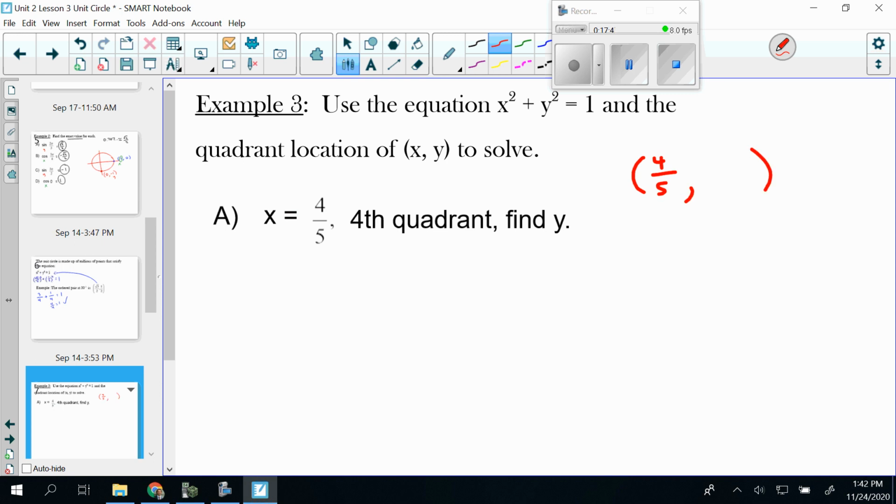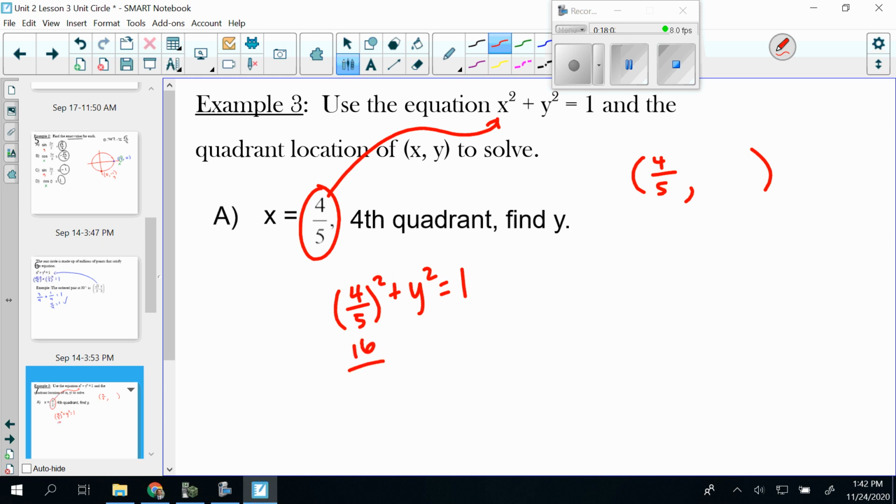Well, let's do what we just did. Let's put this in for our x value and then figure out what the y value would be. So we got 4/5 squared plus our y value squared should equal 1. If I square that, 4 squared is 16, 5 squared is 25. Now I got to subtract here.